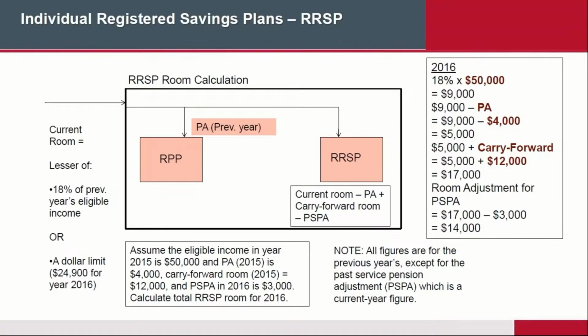That is the amount of money that you can put in for the year 2016 in this particular example. Okay, so you will definitely get a question on the exam on that particular slide. Okay, so it is crucially important that you understand how all that works. Okay, let's move on.